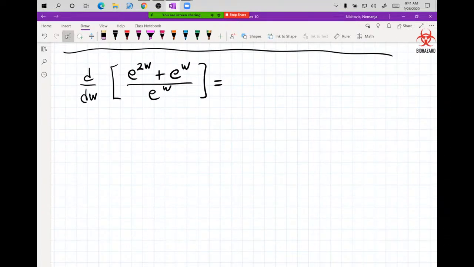Do we have a division rule? No. We do not have a division rule. Which means you have to do what? You can make it into 2 different fractions and then take care of them individually. Very good. Split the fraction and then simplify each fraction using algebra. And then take the derivative.